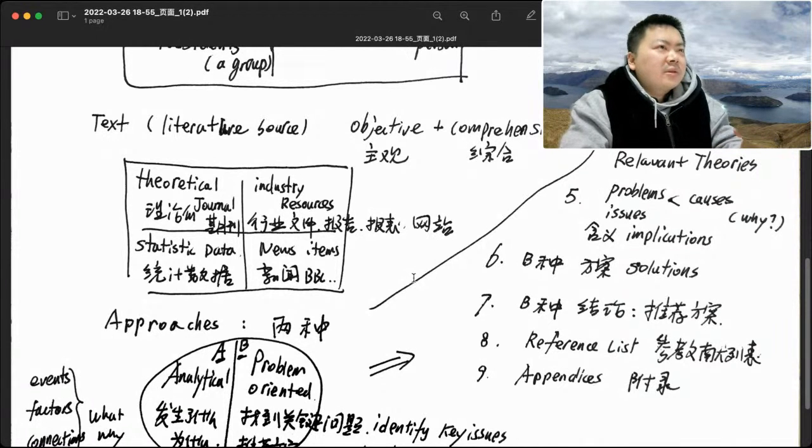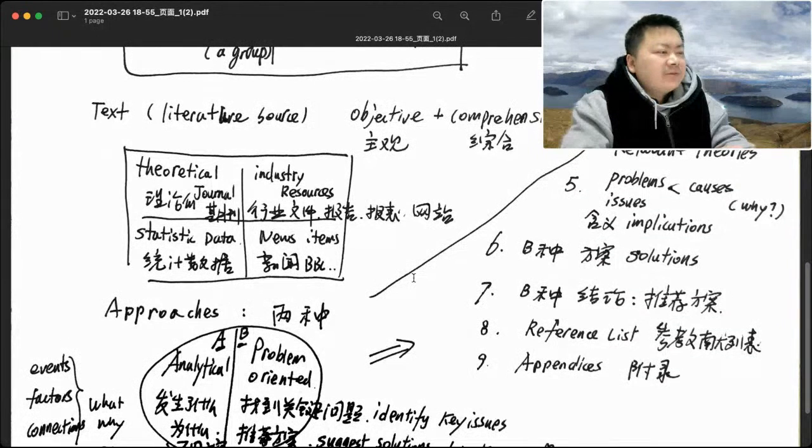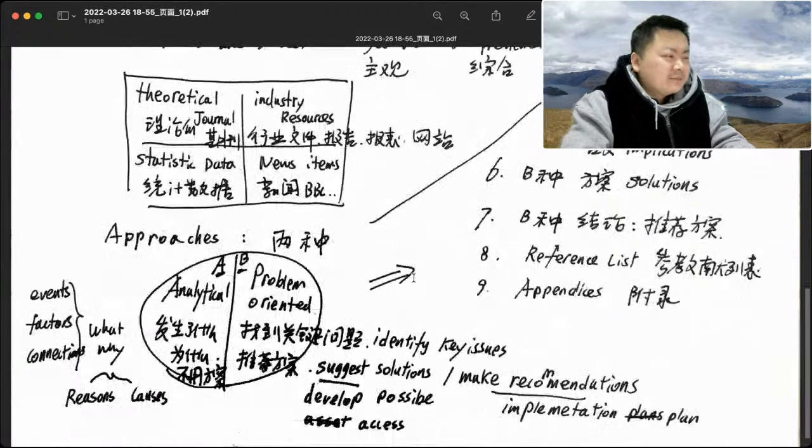The fourth will be statistic data, such as Statistics New Zealand. They publish data about a subject every fixed period. So I can use these four types of resources just to make sure I can write enough content, and the content will be objective and comprehensive.